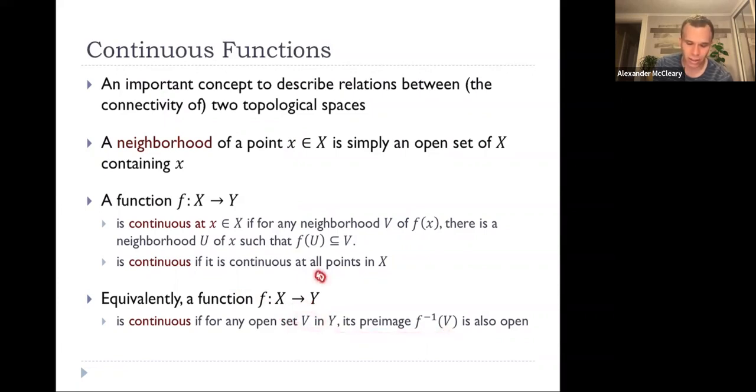So if we take an open set here, its inverse image should be open here. This is also a definition, and you might see this definition more frequently. It's easier to define, maybe a little less intuitive as to why it works, but they are equivalent definitions.